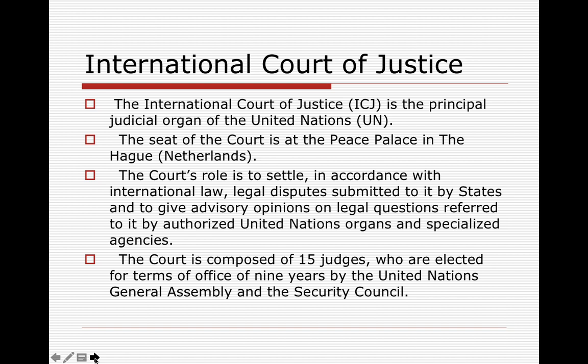So one of the questions that was asked before the court, or rather an advisory opinion, was about the legality of the use of nuclear weapons. And this was a matter initially referred by the World Health Organization, which said that the use of nuclear weapons poses a massive health challenge. And later on, the same request was given to the court by the General Assembly.